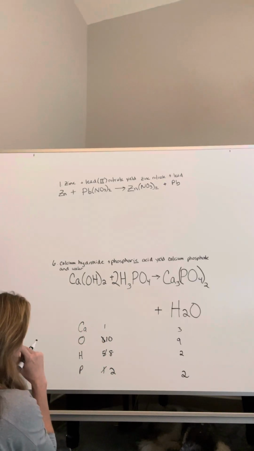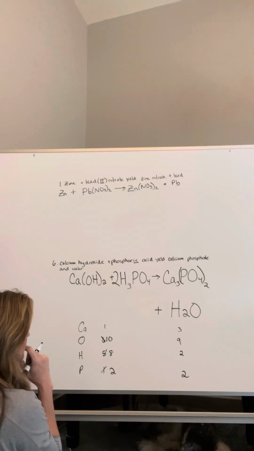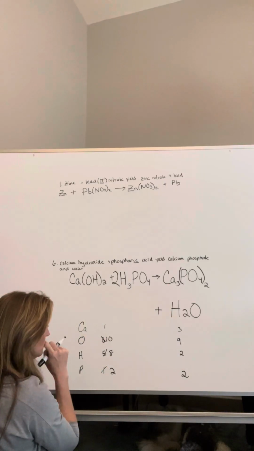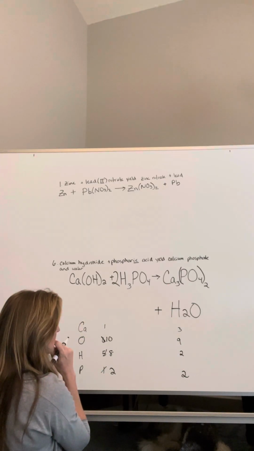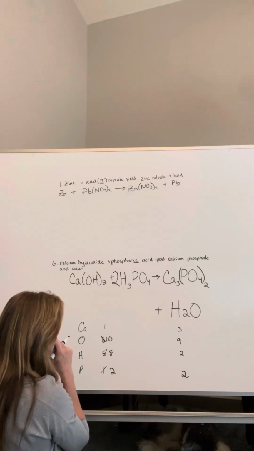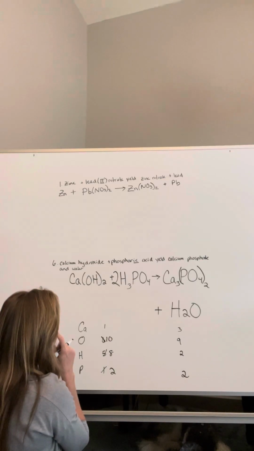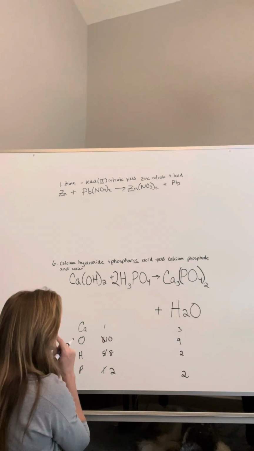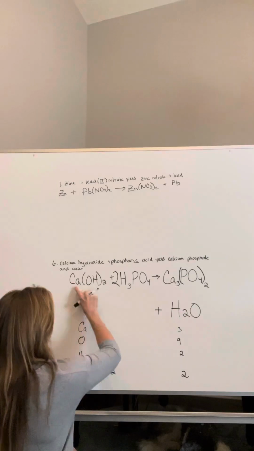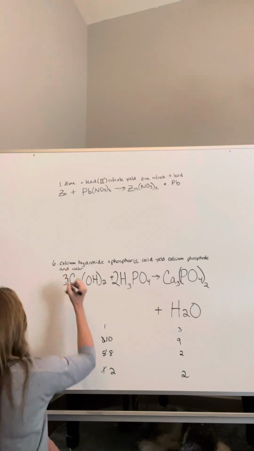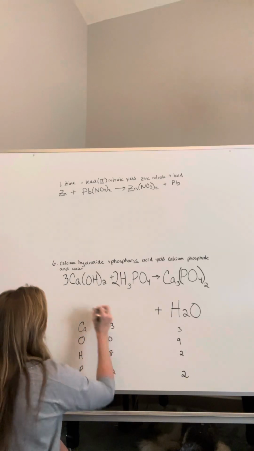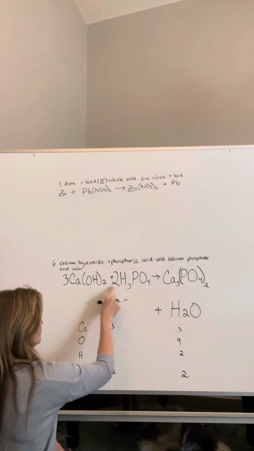So what's another easy thing I can do? There's no hydrogen up here. So that's kind of good. This one might be an easy one: calcium. I've got 3 here, I definitely need 3 here, so I'll make this a 3. Got 3 calciums, but again, it changes my oxygen and hydrogens.